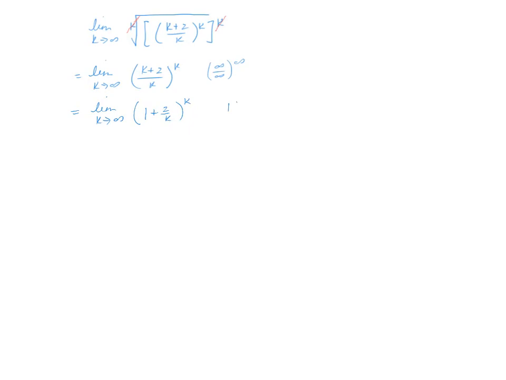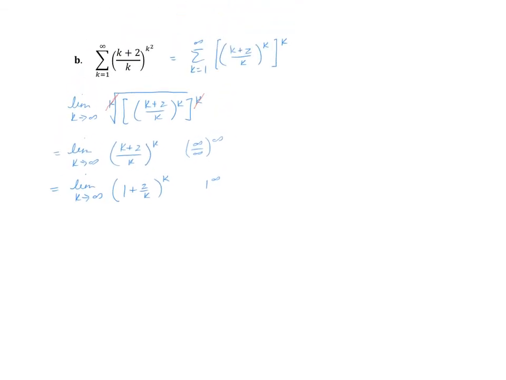So this is 1 to the infinity power, which unfortunately is an indeterminate form, but it's of the form where I can do what I did previously. I can look at the e to the ln. So the 1 plus 2 over k to the k is going to be e to the ln of that whole expression, which would be e to the k times the natural log of 1 plus 2 over k.